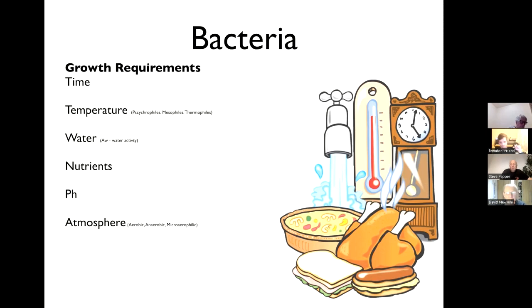Something lower than 3.5 pH will kill them off, and the top end of the scale is about 6.5 or 7.5, I think. Then they also need the right atmosphere: aerobic, anaerobic, or microaerophilic.